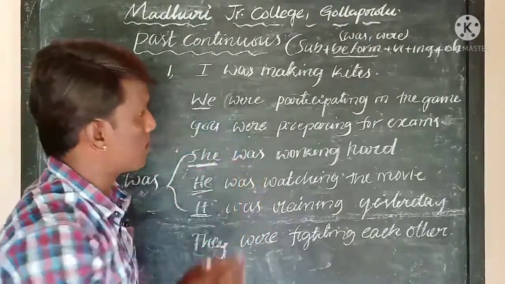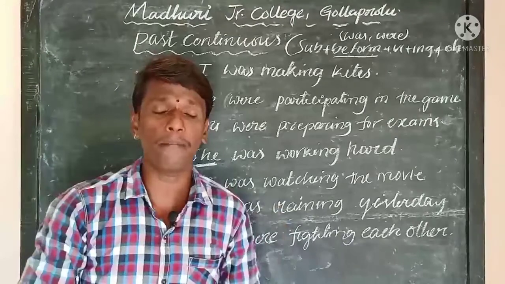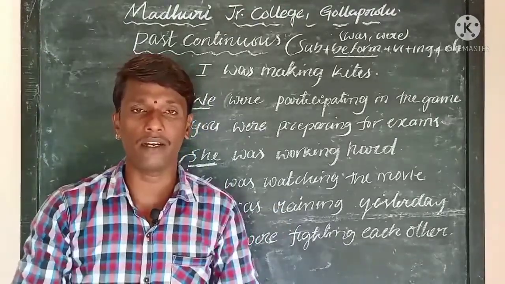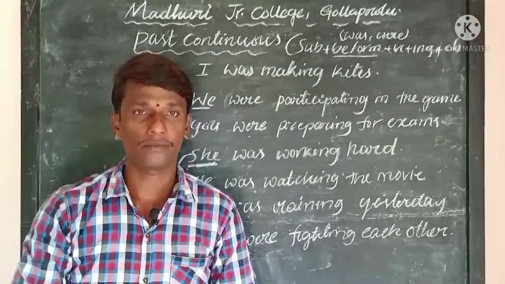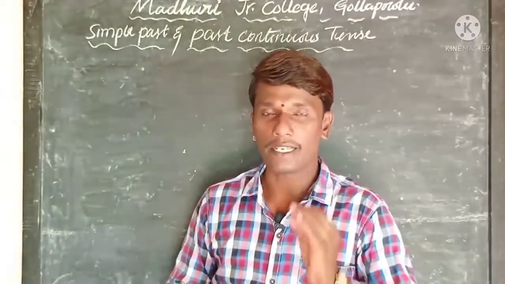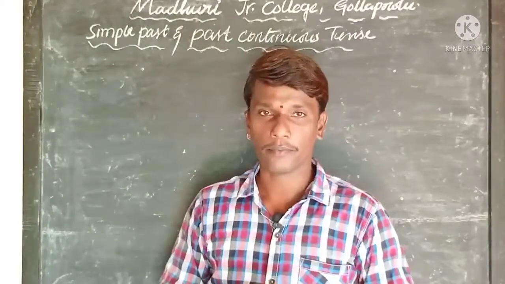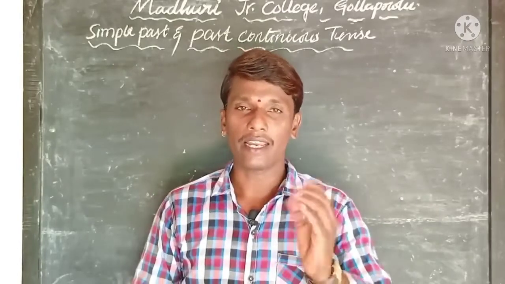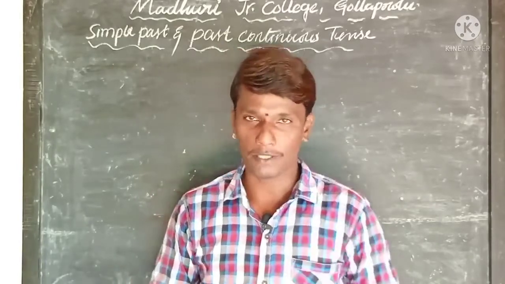Okay, now let us write both simple past tense and past continuous tense in the same sentence. Let us see the combination of both. Actually, two are the past actions. One action is completed in the past, another action is continuing in the past.